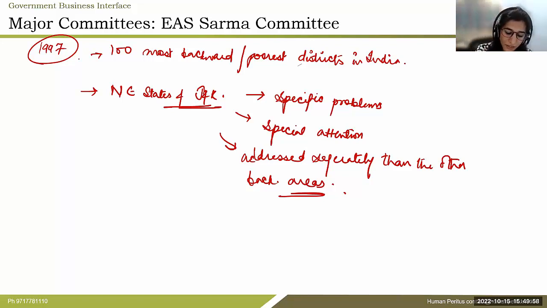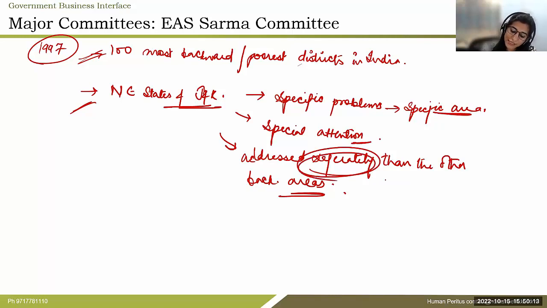All right. Why was it being set up? It said that the northeastern and Jammu Kashmir areas actually have their specific problems pertaining to the specific area. All right. So they need special attention and separate addressal of their problems.